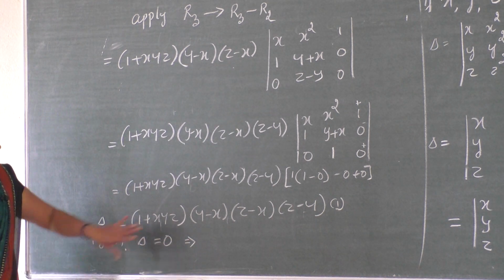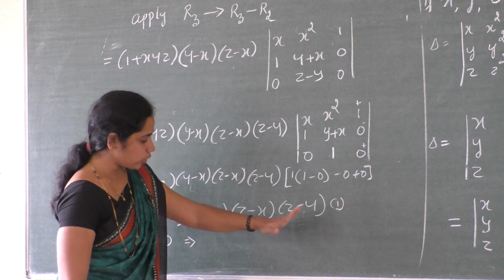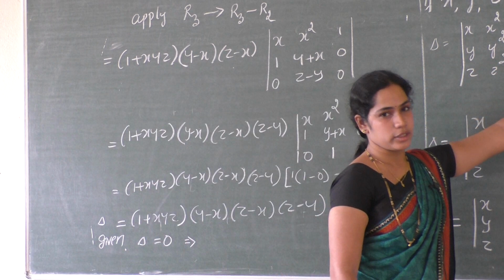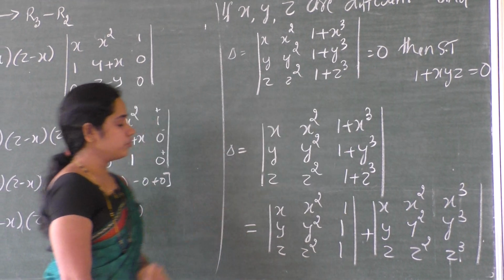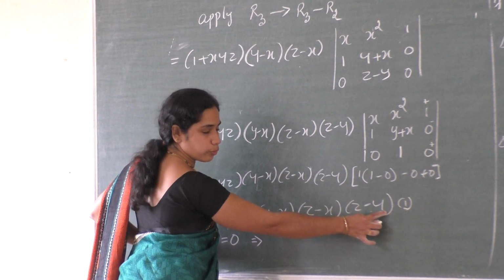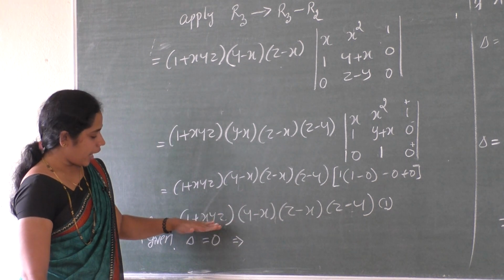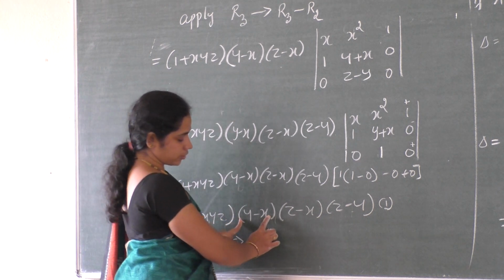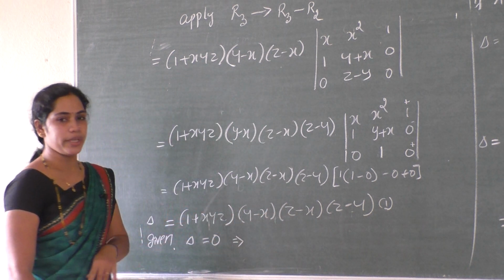This implies that either this is 0 or any one of the values should be 0, because delta is 0 in the question itself, so this value should be 0. Now, if it is 0, either 1 plus xyz is 0, or this term is 0, or this term, or this term. Any one term should be 0.